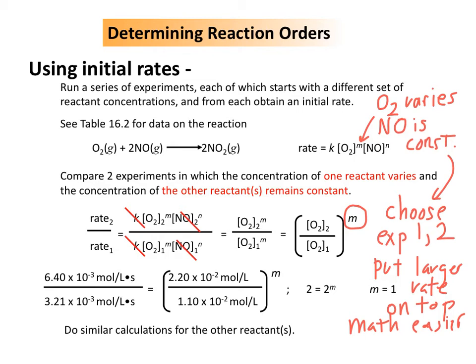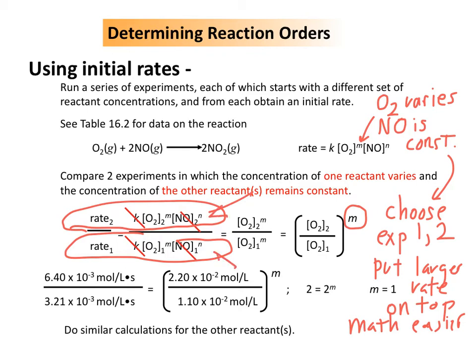They take the entire rate expression for this particular reaction, and they wrote it here and here. If you take a look at this, you find out the k's will cancel. What's being held constant is canceling.